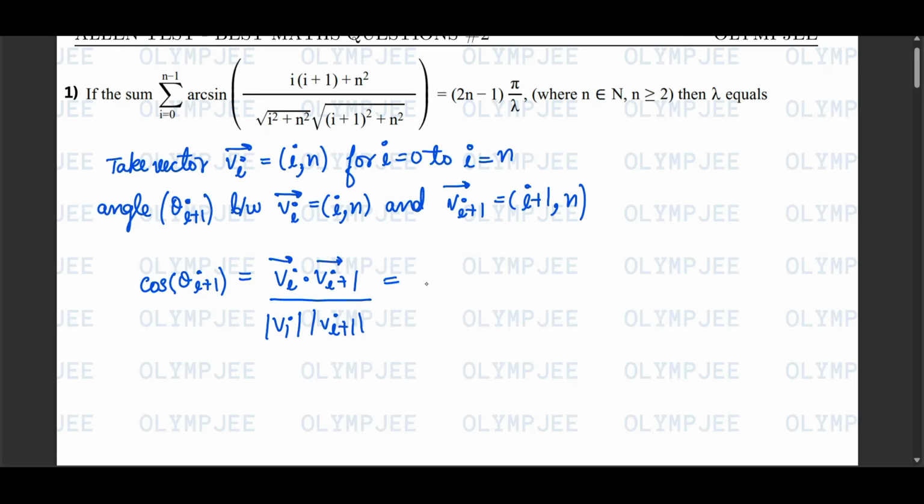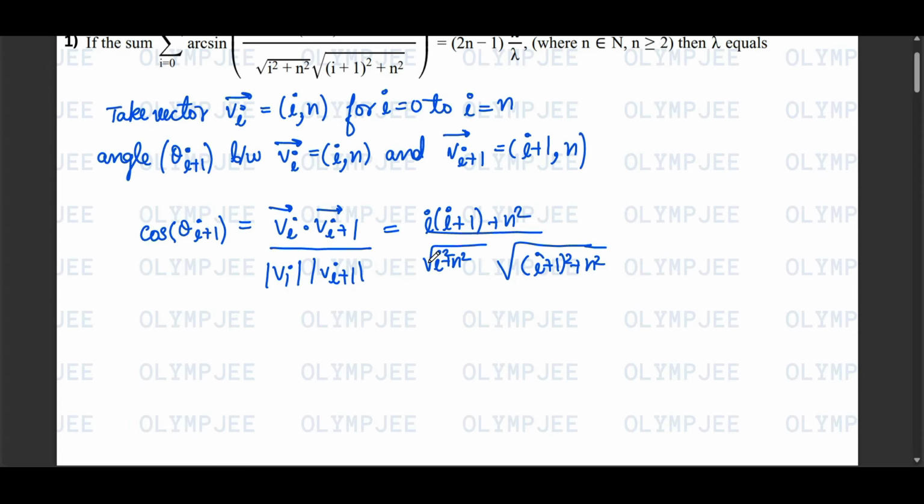So it will be... which is exactly the expression inside the bracket of the question. So let me denote this as P because I don't want to write this again and again. So theta I plus 1 can be given as arc sine of P, right?